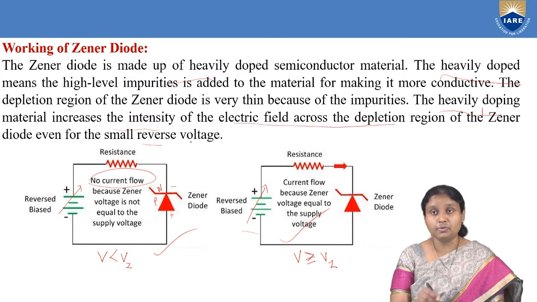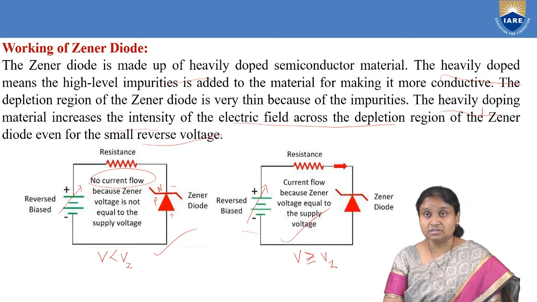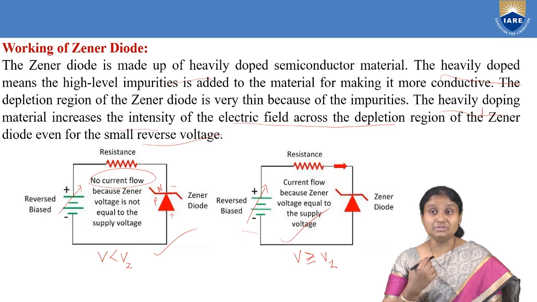This is a very important point. Because of heavy doping of the PN junction, the intensity of the electric field increases across the depletion region even for small reverse voltages. So to make the Zener diode conductive, we have to apply a voltage greater than or equal to the Zener voltage.